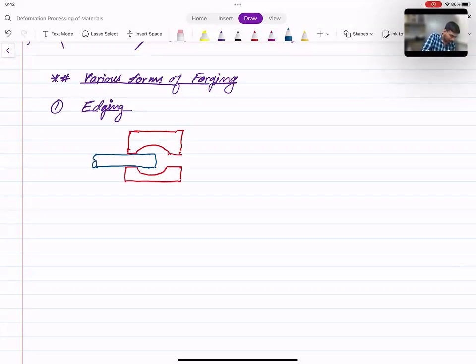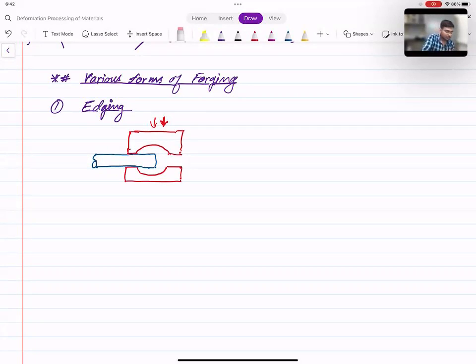These dies are pressed together. One may be the stationary one, and the one above may be attached to the hammer so that it strikes. And what happens after the closure? The ends take the shape of the cavity of the die.